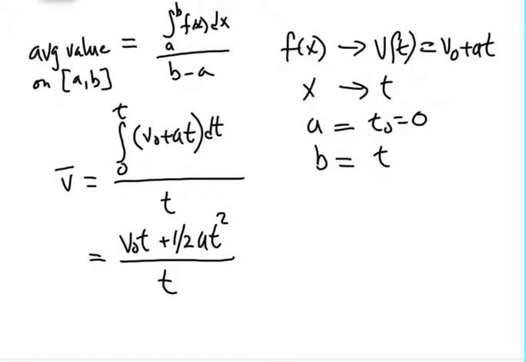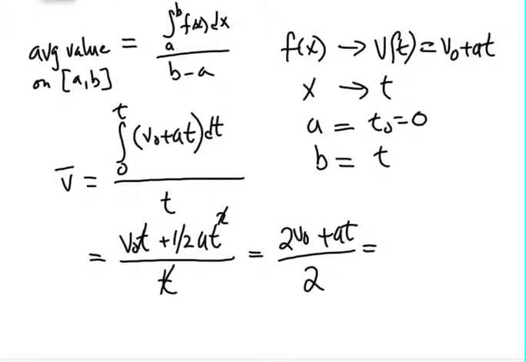Now that doesn't look like what we want, but it is. All we need to do now is show the little bit of algebra that this is the expression we want. First, we can cancel out some t's. So what we really have is v0 plus 1/2 at. And I'm just going to rewrite that and put them both under 2. So that's the same as 2v0 plus at all divided by 2. Now we've got the 2 where we want it. However, I've got 2v0 where I only want one v0, and I've got an at and I don't want an at.